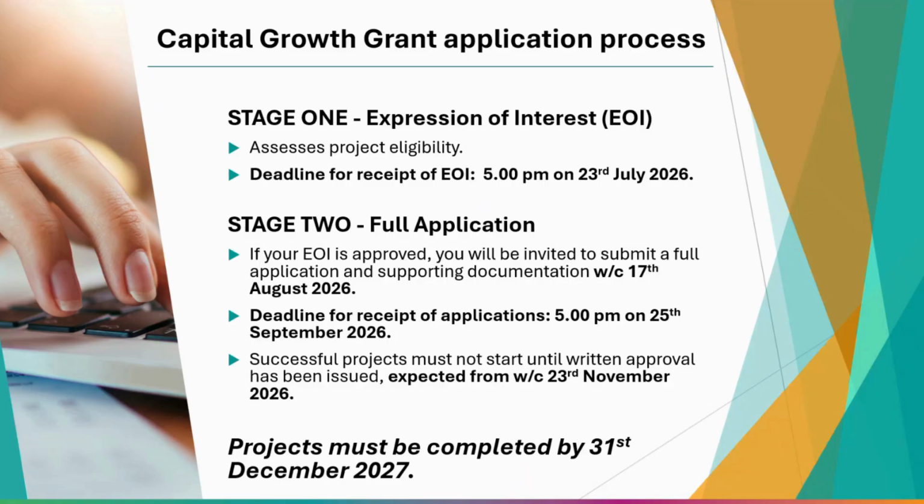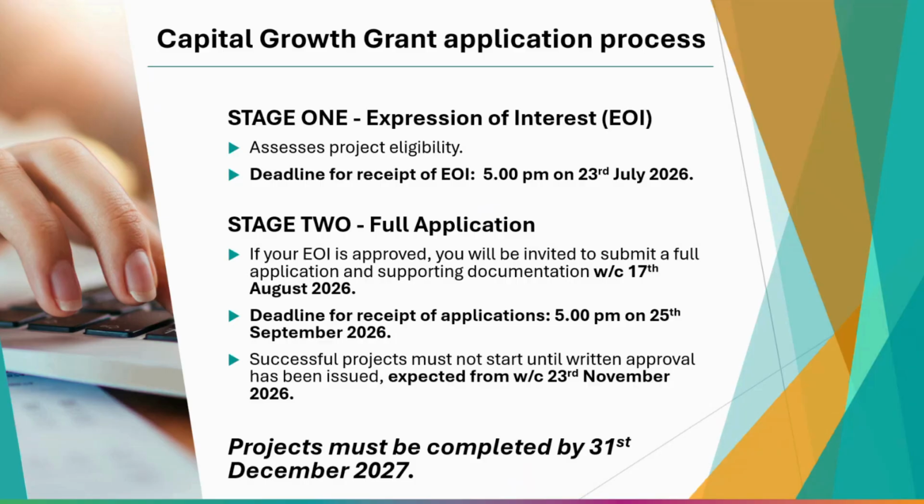From there, the businesses that get through the expression of interest process will be invited to enter a full application. If the EOI is approved, you'll be invited to submit a full application and your supporting documentation, the week commencing 17th of August 2026.